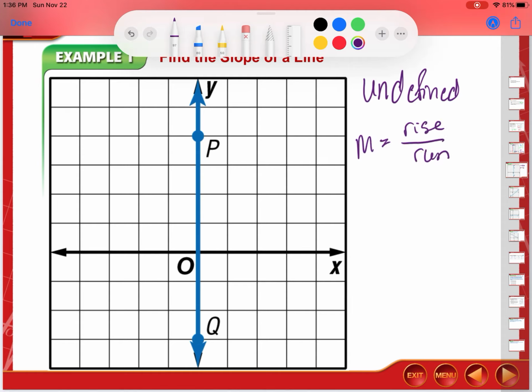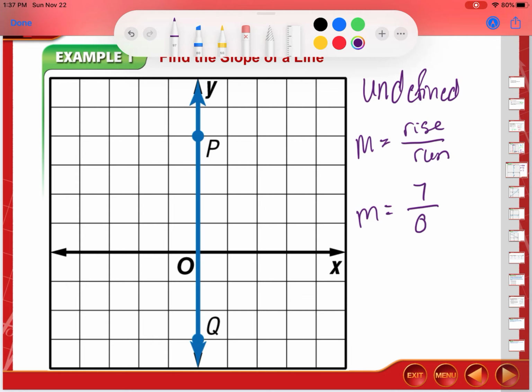But the reason for this, again, is because our slope equals rise over run. And our rise here is from point Q to point P, it goes up 7. And then our run, our left to right movement, is 0.